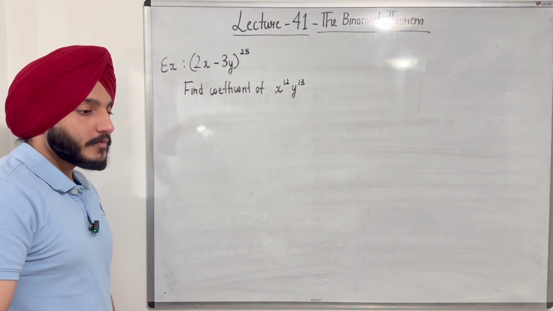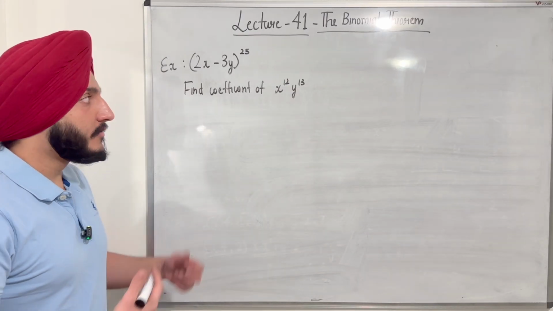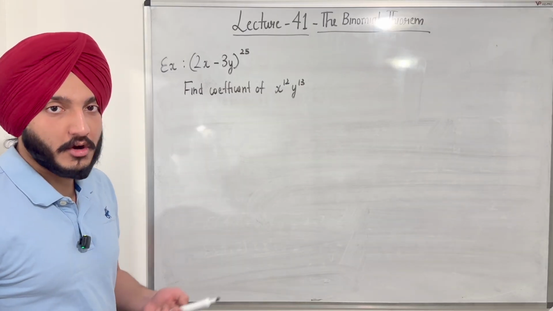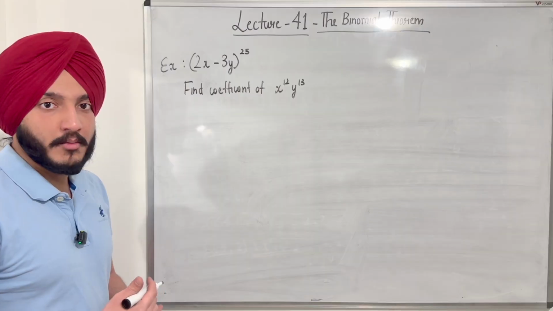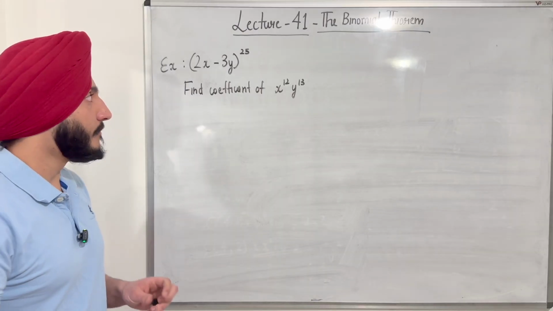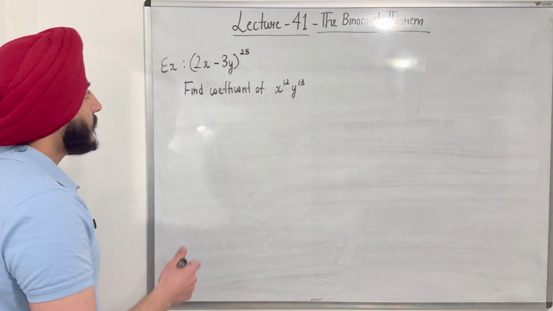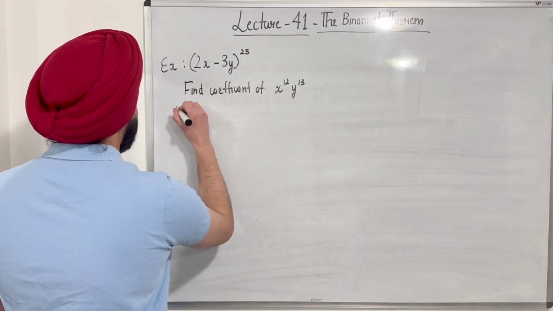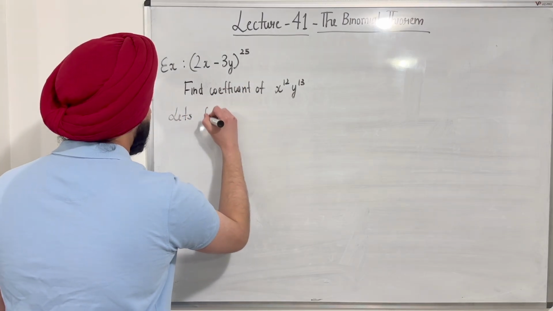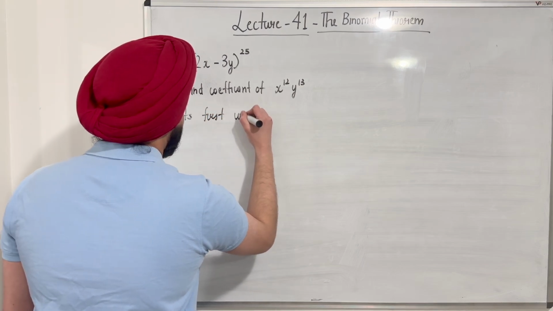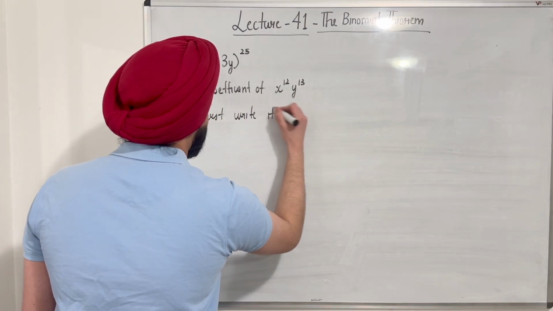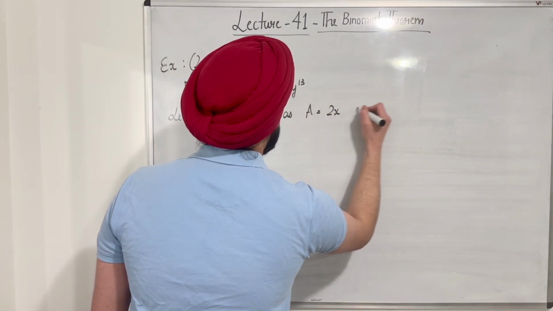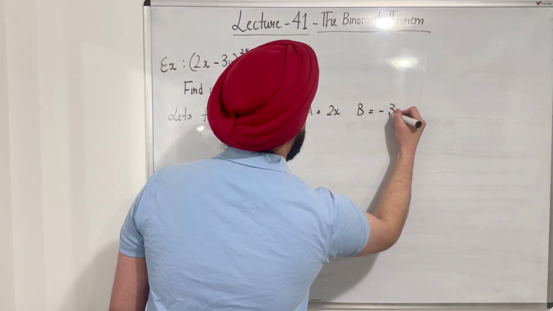Okay, so once again, if you didn't have the binomial theorem, this would be a very tricky question to solve. But since we know the binomial formula, let's just start using it, right? Given the expression (2x minus 3y), let's first write it as a equals 2x, b equals minus 3y.